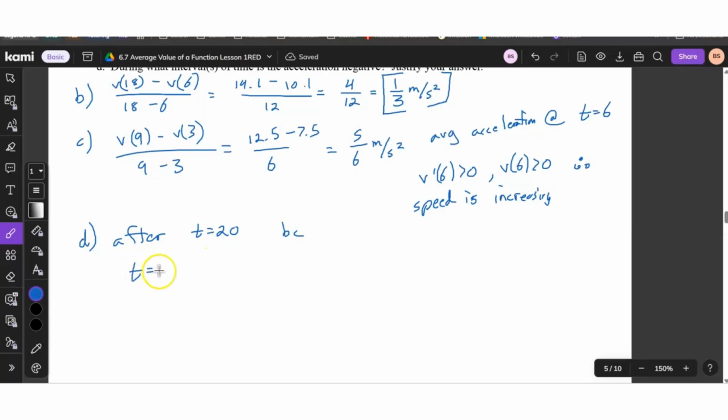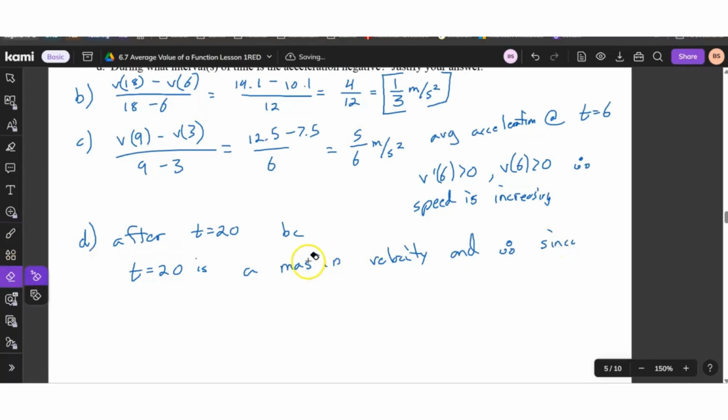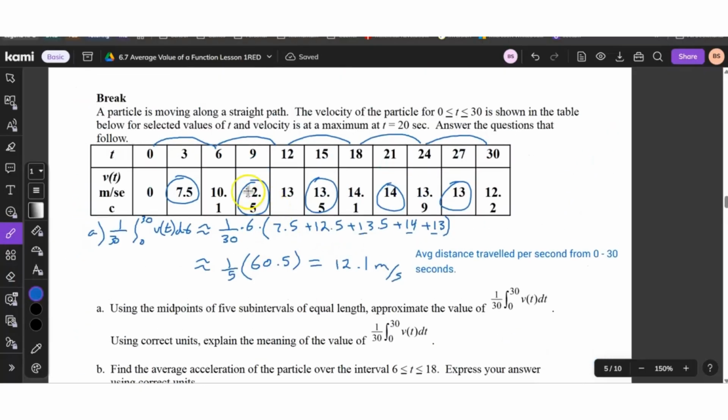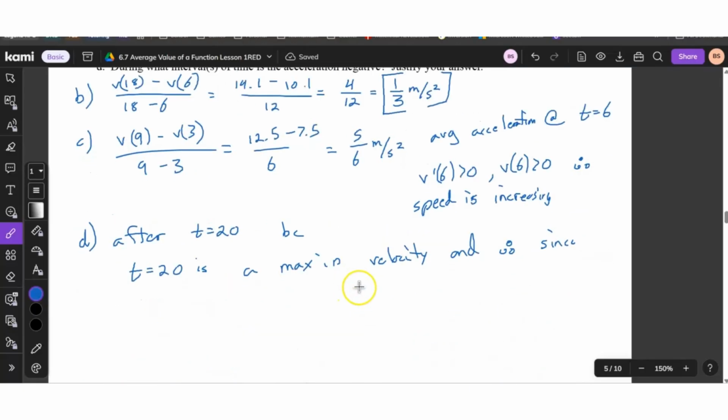Because t equals 20 is a max in velocity. Therefore, it's a max. Because I think, didn't it tell us it's a strictly increasing function? Or was that the last question? That was the last one. Okay.